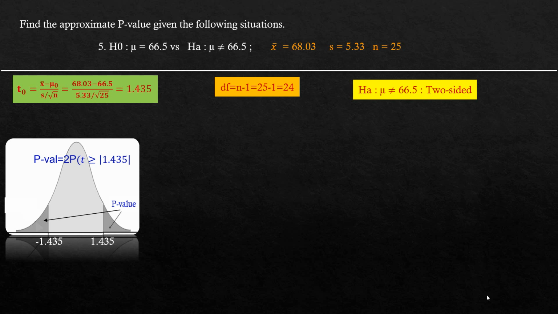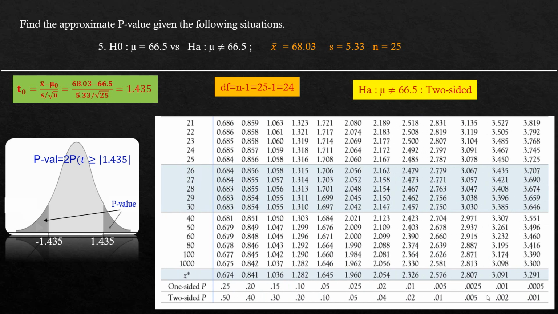So let me take a t table and go to the degrees of freedom 24. Then what do we need? We should check this line to see the number 1.435, because 1.435 is the test statistic.